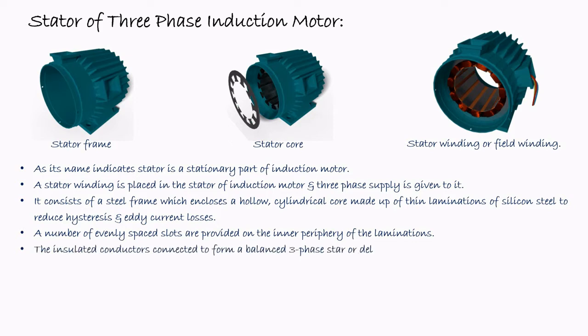The insulated conductors are connected to form a balanced three-phase star or delta connected circuit. So the stator winding, that is the three-phase winding, may be either a star connected or a delta connected three-phase circuit.